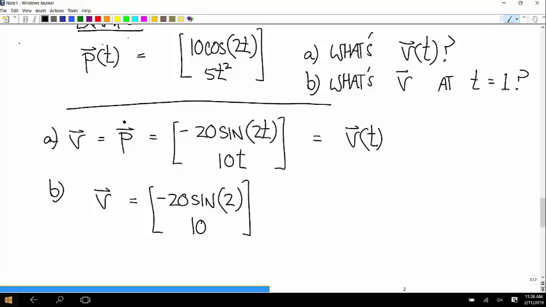Before, for the chain to take the derivative, or the second one? Yeah, all we're doing is the time that we're looking at is 1 second, so I just plug 1 into my two functions. So I get negative 20 times the sine of 2 times 1, which is just sine of 2. And I plugged it in here, and we just get 10.